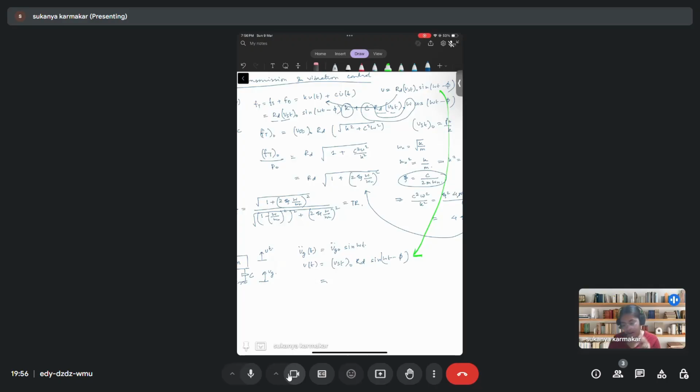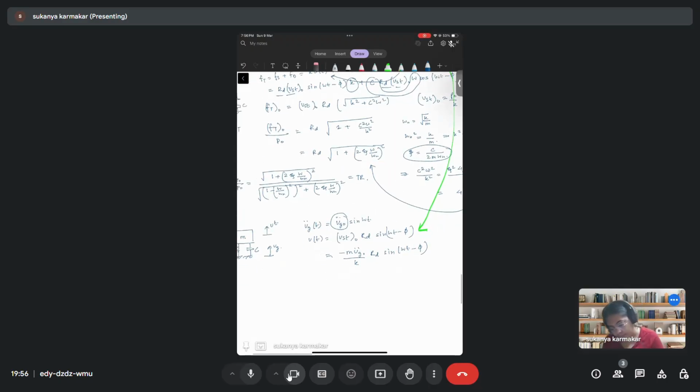This we had done in the last class. UST naught is that force divided by K, so U of t is minus m UG double dot divided by K into RD sine of (omega t minus phi).